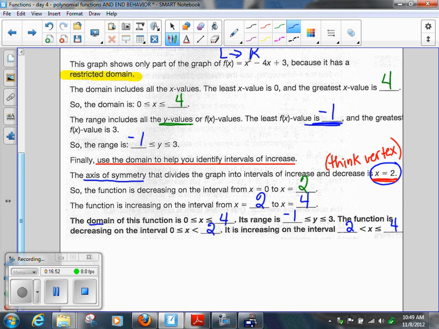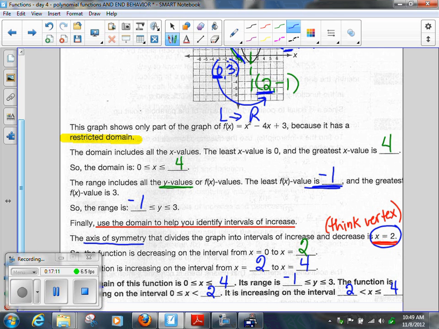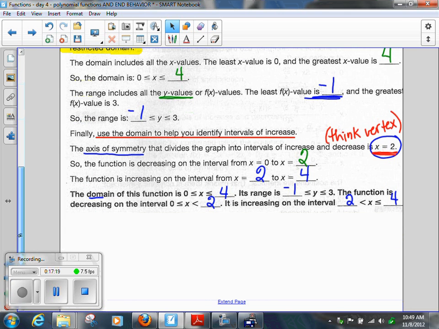Notice the signs, the symbols. Why is it less than 2? Because that's where it turns. That's the x value of my vertex. Why can't 2 be included? It is the vertex, but this value would be included twice, wouldn't it?